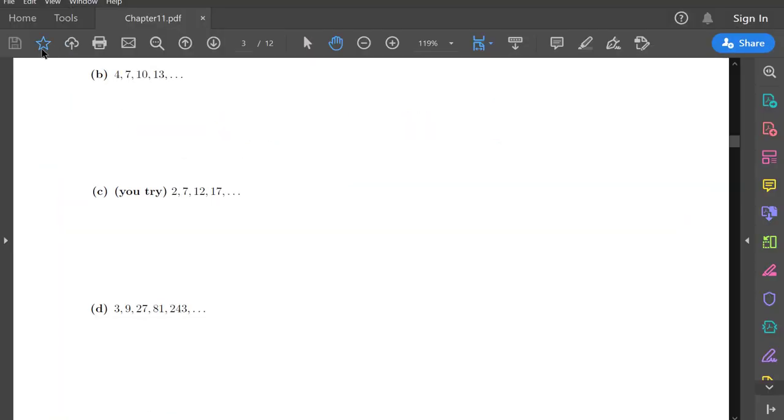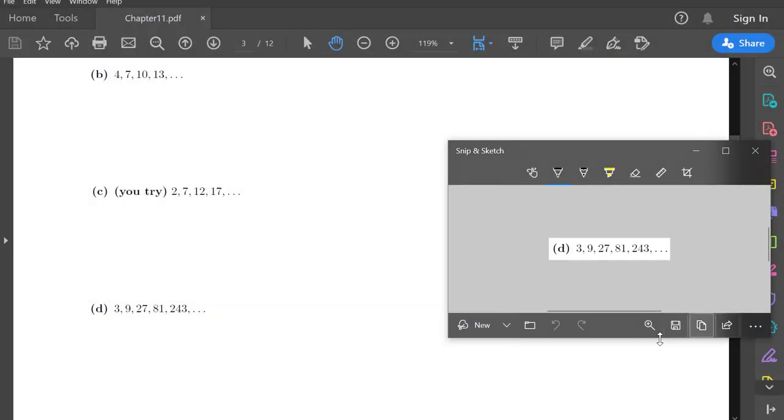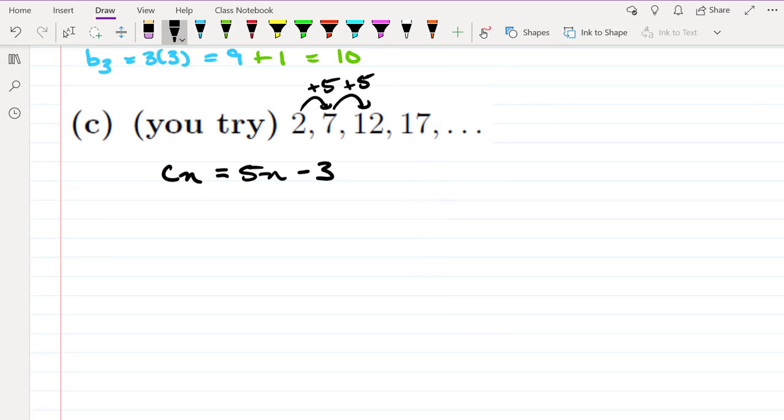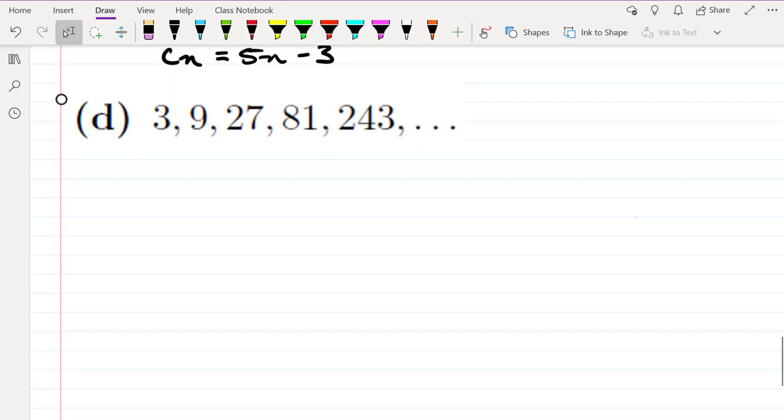All right, let's take a look at our next example. We have the sequence 3, 9, 27, 81, 243, and so on. This time, if I try to add, I notice that 3 plus 6 gives me 9, but 9 plus 6 doesn't give me 27.